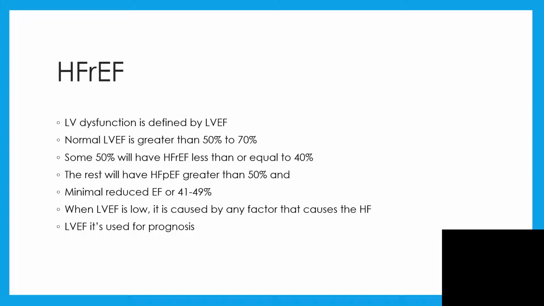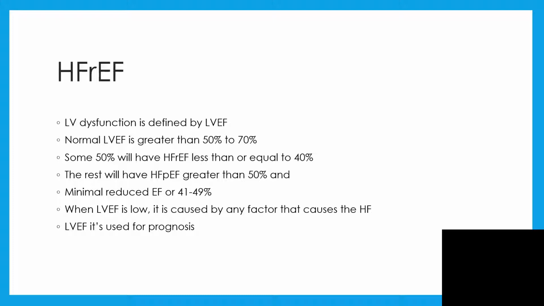Heart failure with reduced ejection fraction is found in left ventricular dysfunction, and it is defined by the value of left ventricular ejection fraction. Normally, in people without heart failure, the value of left ventricular ejection fraction is greater than 50% and could be as high as 70%.